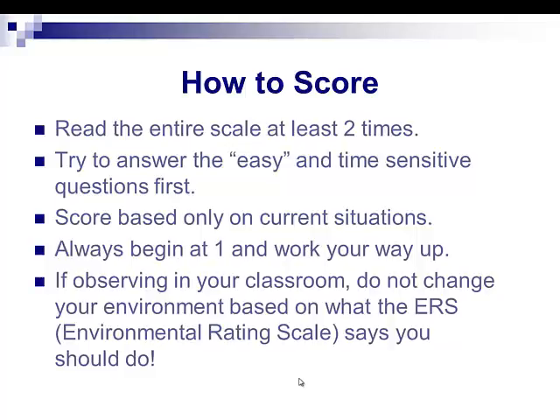And if you're observing in your classroom, do not change your environment based on what the environmental rating scale says you should do. Ideally you go in, you do your observation, and then you make your changes. Because you want to see where you're at and now where you're going. For instance, there might be something that you score, there's a no in a 3 category, and that kind of shoots down your whole score.